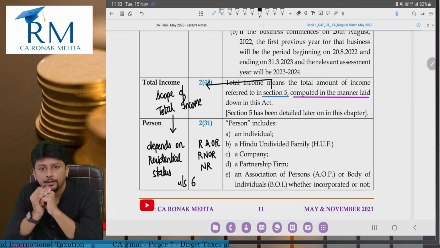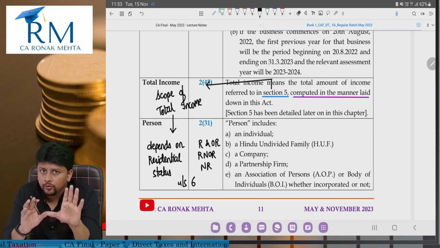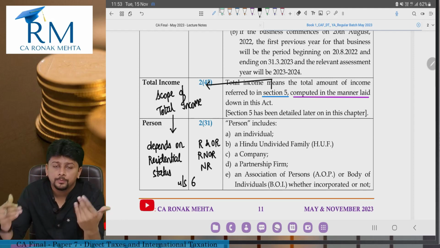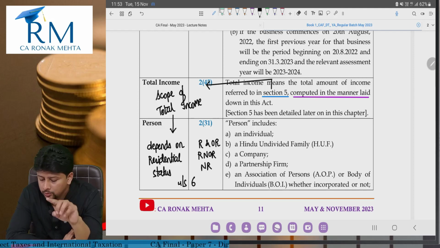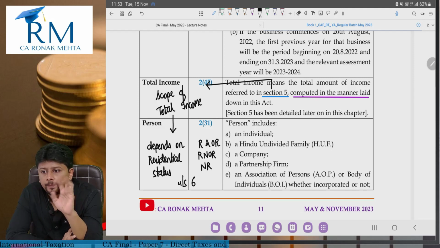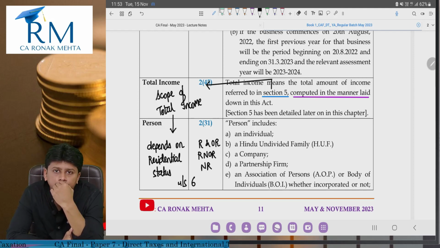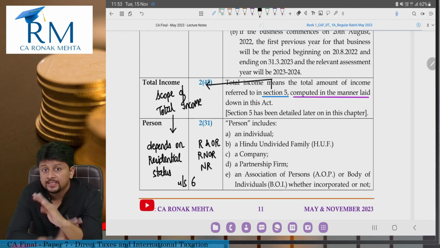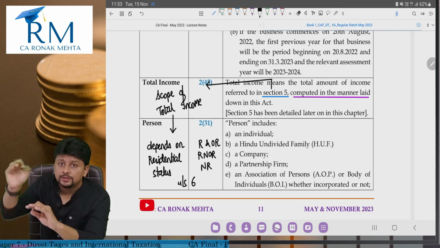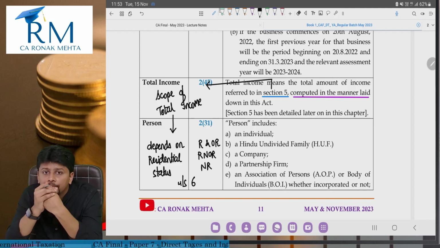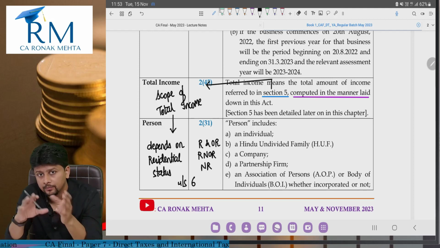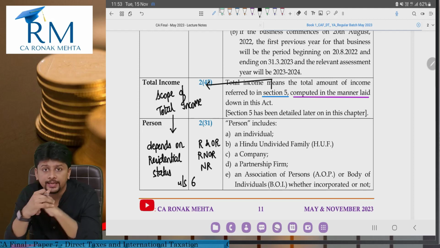So, one minute. If you observe, I have started the process of interpretation before you. Section 2 clause number 45 tells you total income, which mentions section 5. Section 5 says scope of total income. So total income means income which falls in the scope of Income Tax Act.